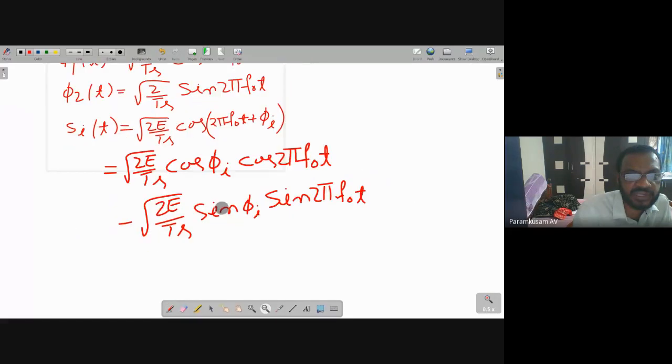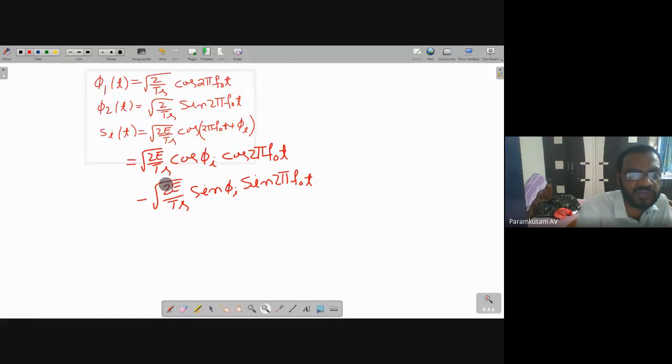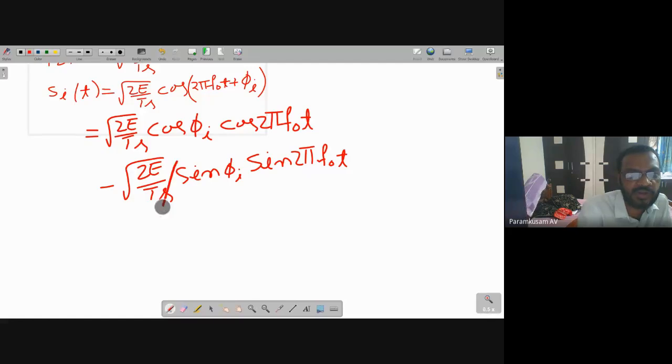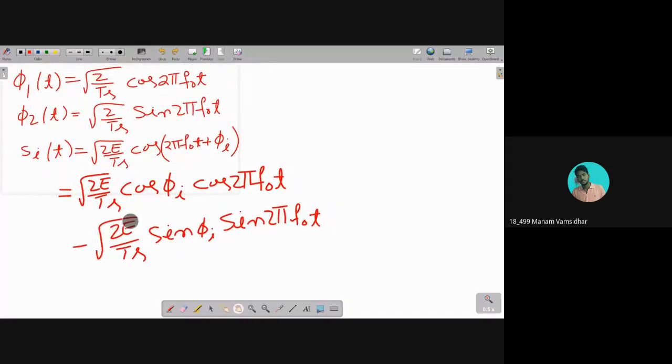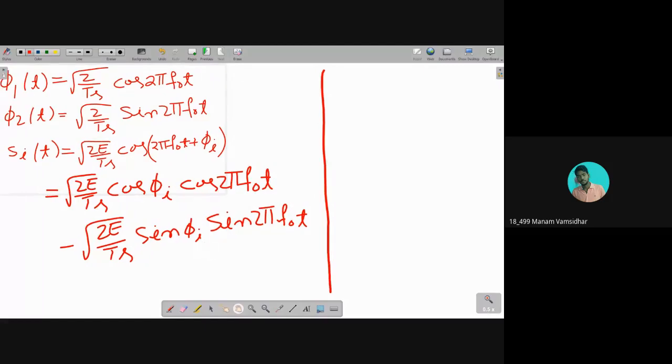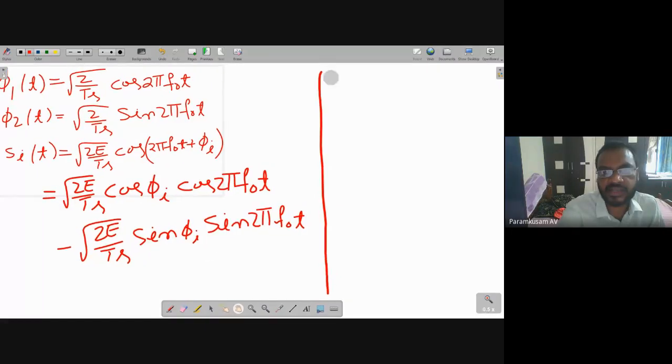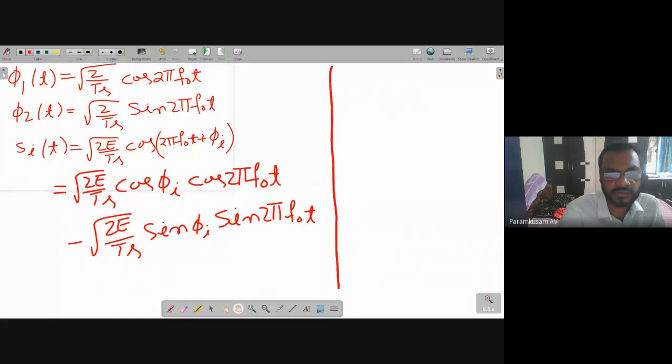Now can you express this in terms of φ1(t) and φ2(t)? How do you write si(t)?